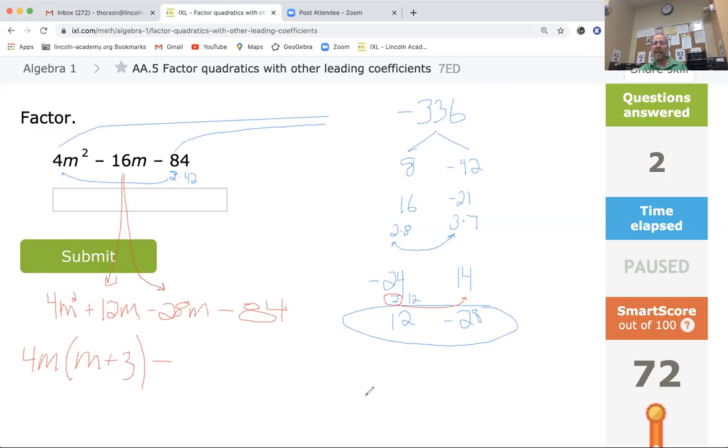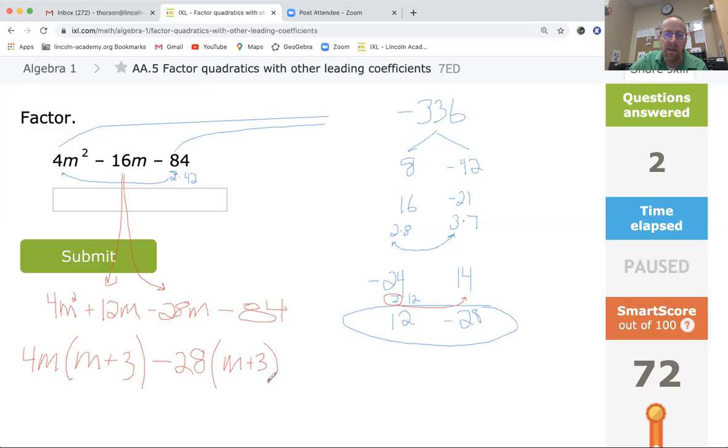No, because you're factoring out a minus sign, right? And you're going to factor out the 28, because 28 goes into 84 3 times. Yeah, positive 3 times. So this is going to be an m plus 3.